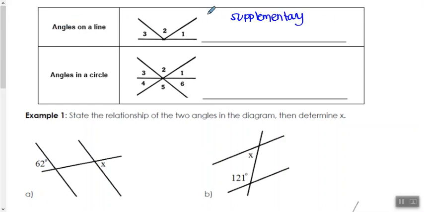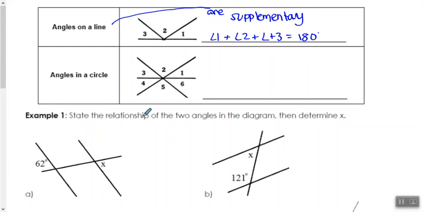So angles on a line are supplementary. That means that in this example, angle 1 plus angle 2 plus angle 3 is going to give me 180 degrees. If I had this cut into 5 different angles, angle 1 plus 2 plus 3 plus 4 plus 5 will give me 180 degrees.